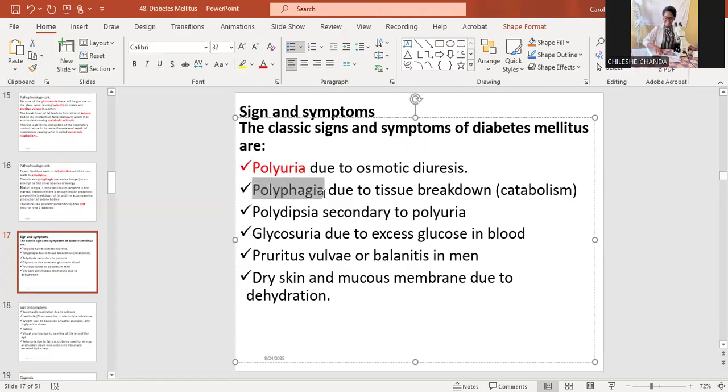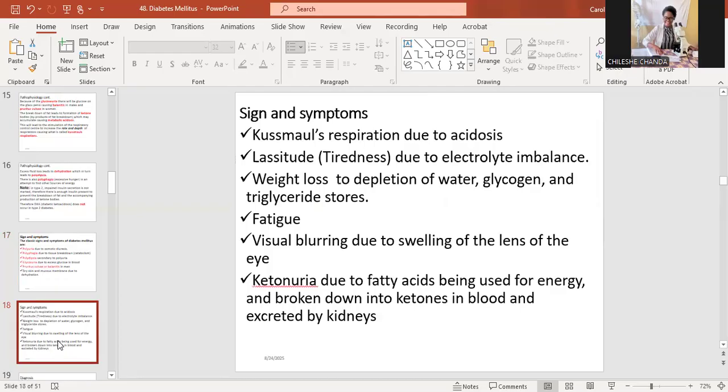The patient will have pruritus vulvae and balanitis, which is due to the settling of sugars on their private parts. The patient will have dry skin and mucous membranes due to dehydration, because the patient is urinating too much fluid.